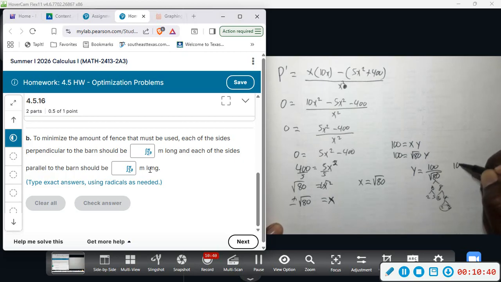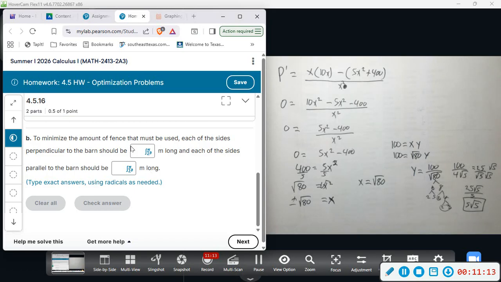So we have 100 over 4 square roots of 5, divide by 4. And we get 25 over the square root of 5, which we rationalize the denominator, multiplying square root of 5 on top and bottom. 25 square roots of 5 over 5. And you can reduce, divide by 5, so we get 5 square roots of 5 for the y value.